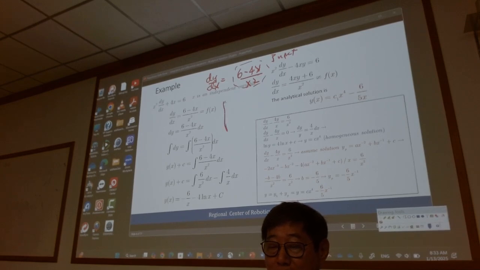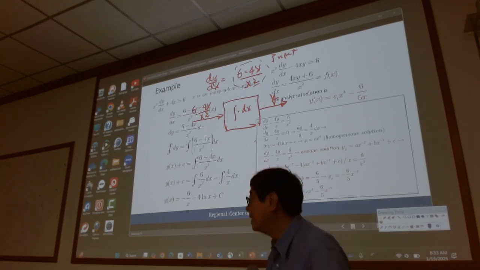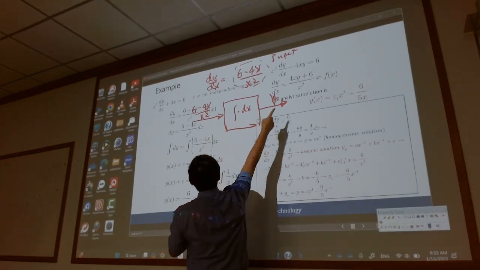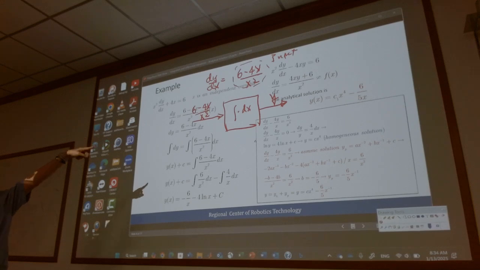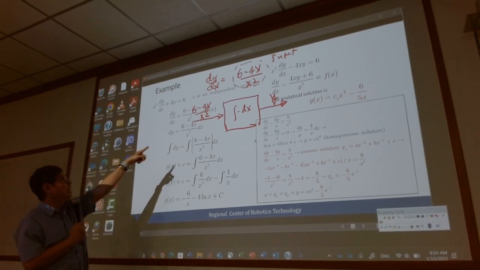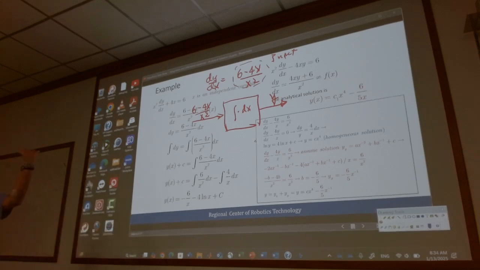Let's say we have the input here, 6 minus 4x over x squared. If you integrate dy by dx, it should be equal to y, right? You see, dy by dx is linear, and we consider the other side as input.